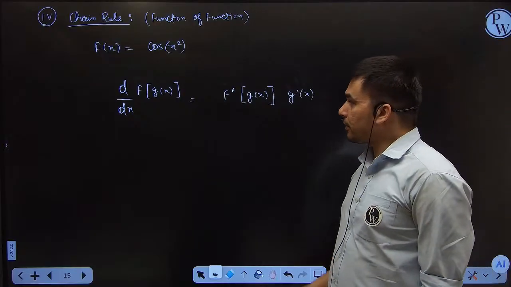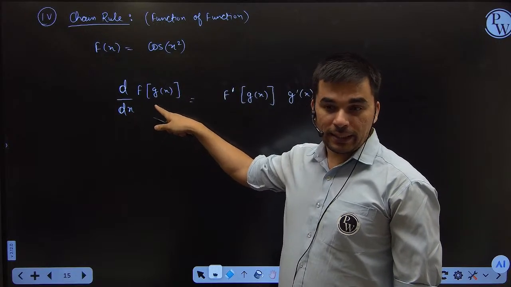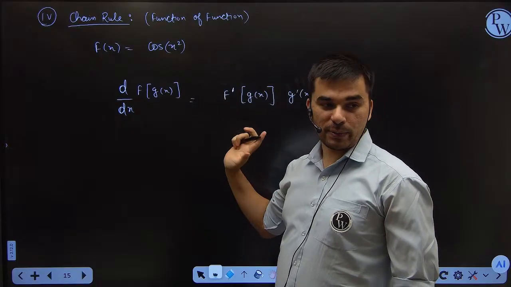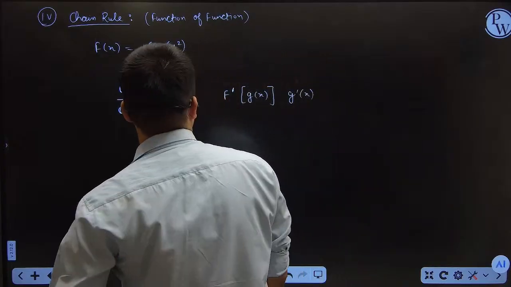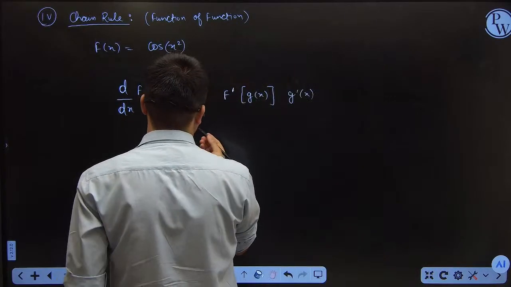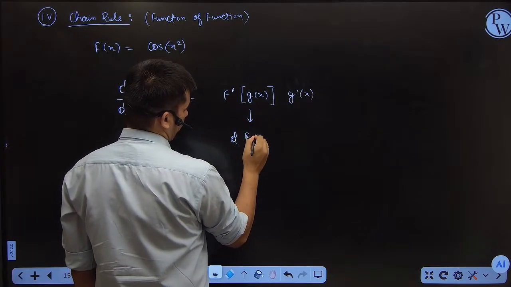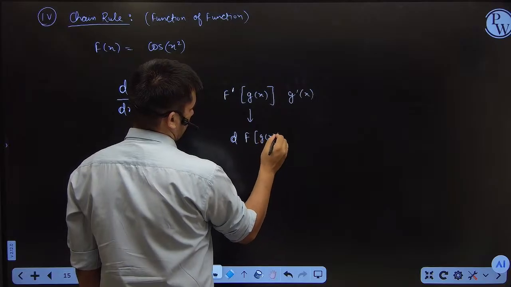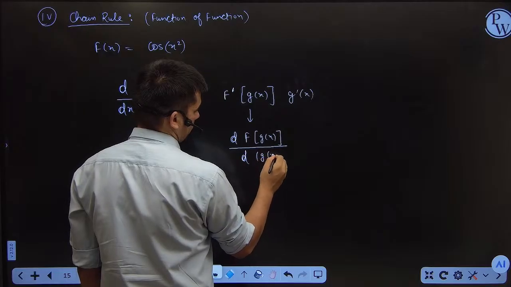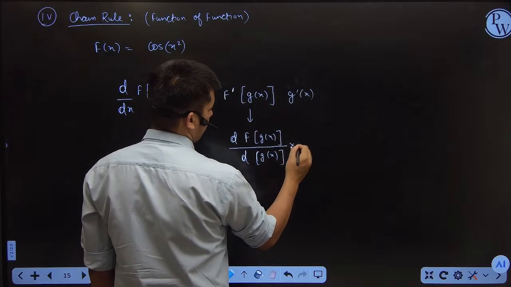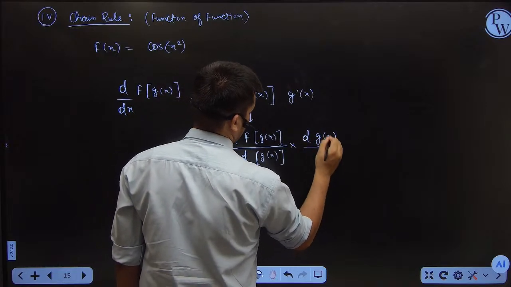What is the meaning of this? That means f of gx, first you are differentiating with respect to gx, and then in turn gx is differentiated with respect to x. Let me write down the meaning of this. d of f of g of x, first you will be differentiating with respect to gx, and then gx will be differentiated with respect to x.